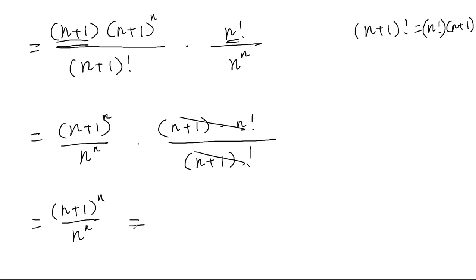And then we can do some simplification here. This is equal to, we can combine the two n power terms, get (n plus 1) divided by n, the whole thing to the n power. And this is equal to (1 plus 1 over n) to the n power.